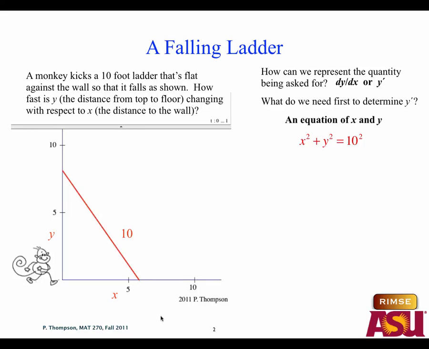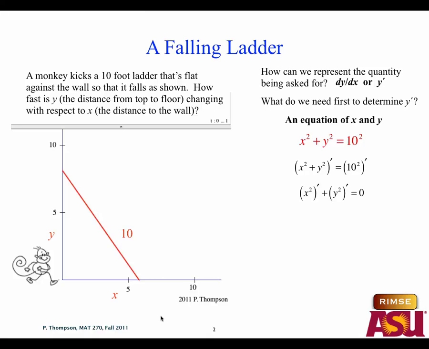And how are we going to find now this rate of change dy dx? So this is what we did Monday and what's in your homework. First step is to think about taking the rate of change of both sides. This should all be familiar. We got the rate of change of a sum on the left, the rate of change of a constant on the right. So we get x squared prime plus y squared prime equals 0.